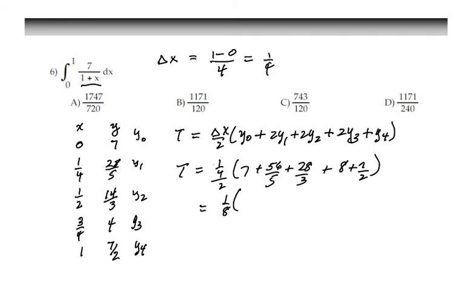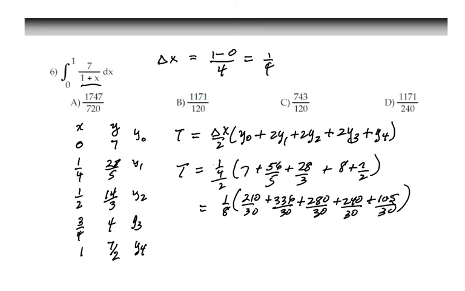And putting in everything with a denominator of 30, we get 210/30 plus 336/30 plus 280/30 plus 240/30 plus 105/30.